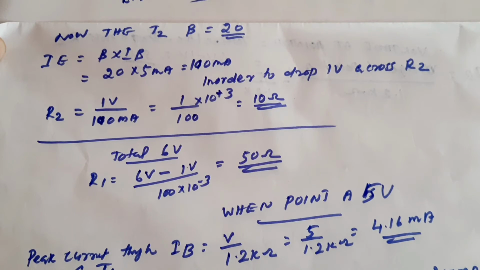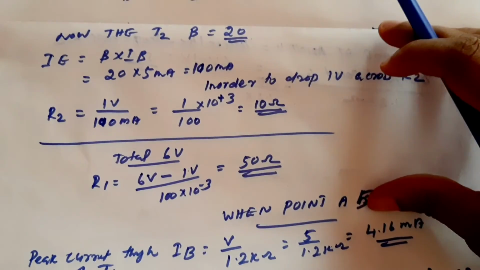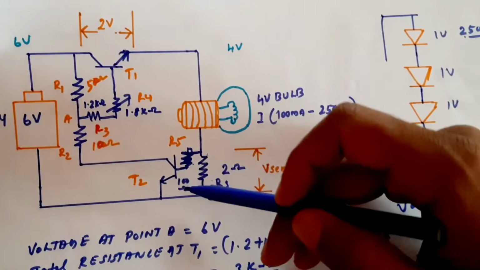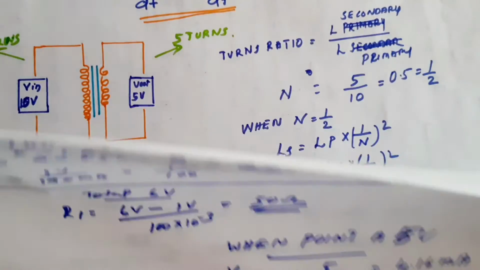Now consider that the second transistor has a beta of 20. Then what will happen?